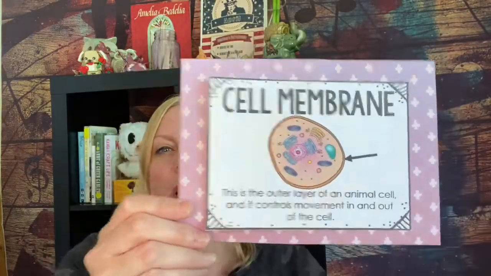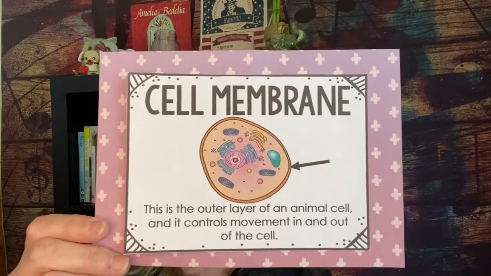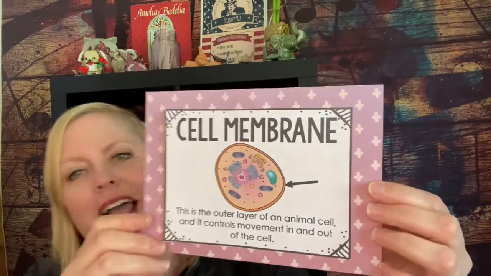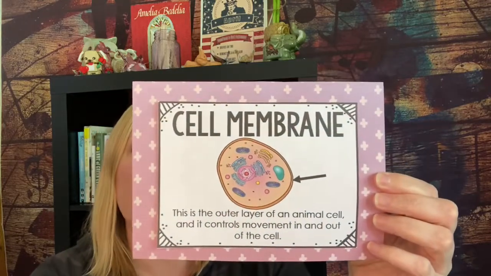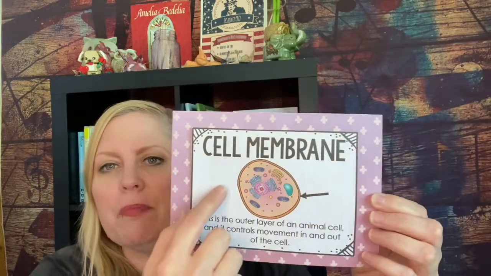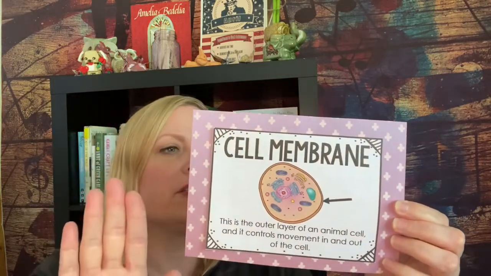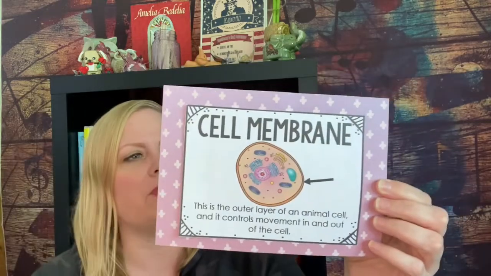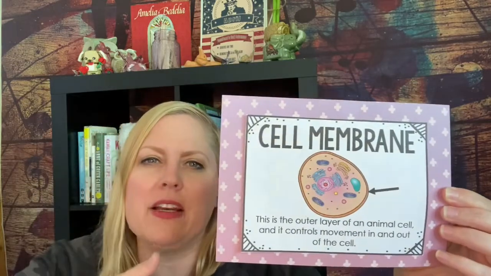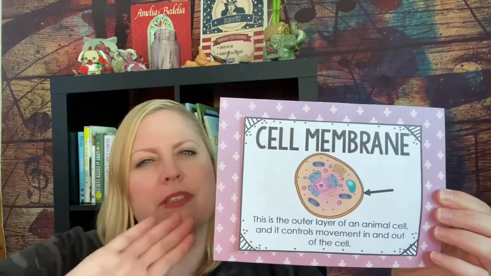Here's the cell membrane. It encloses the cell and it acts kind of like a screen to allow some materials to pass through and some that it blocks away, okay? Kind of like a screen window in your house. It allows the fresh air to come in, but it keeps the bugs out, okay?